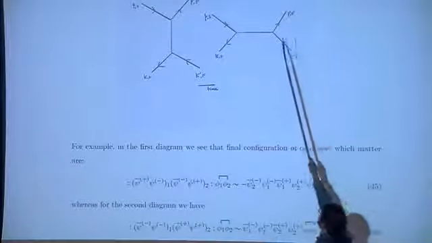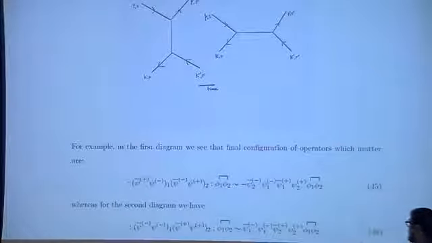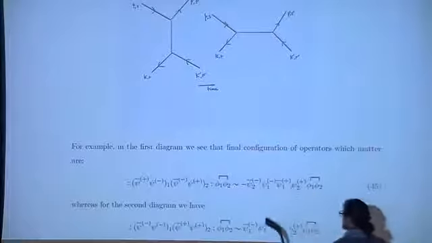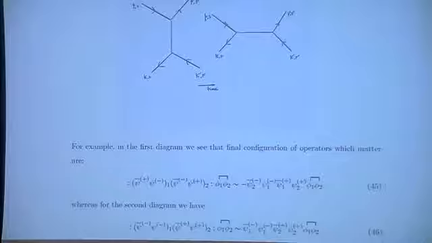This means the label here has to be the same. And you get this from this arrangement of the operators in the Dyson series expansion. This thing and this thing have a relative minus sign. And that's where basically this minus sign comes from.